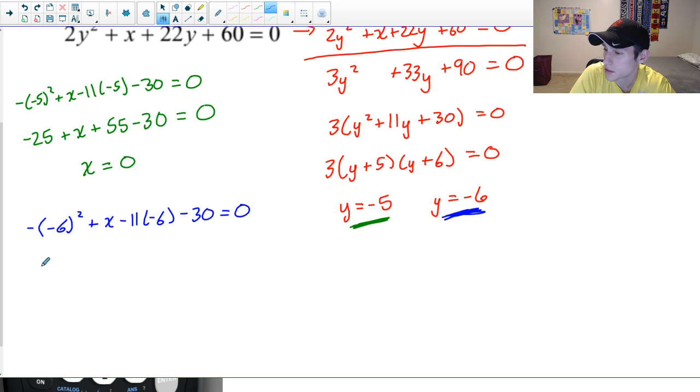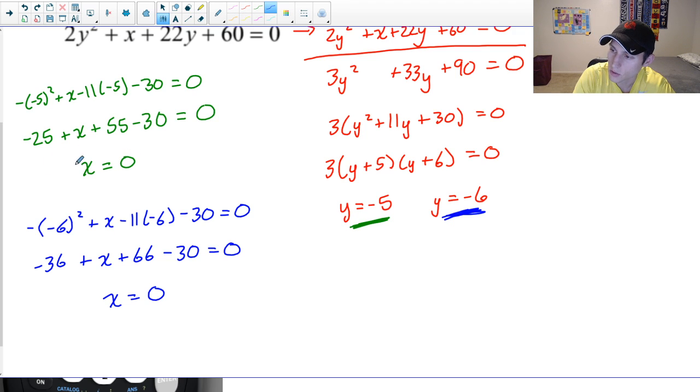Negative 6 squared is 36, but there's the negative out in front, so negative 36. Negative 11 times negative 6 is plus 66, minus 30 equals 0. Negative 36 plus 66 is 30. 30 minus 30 is 0. So again, we end up with x equals 0.